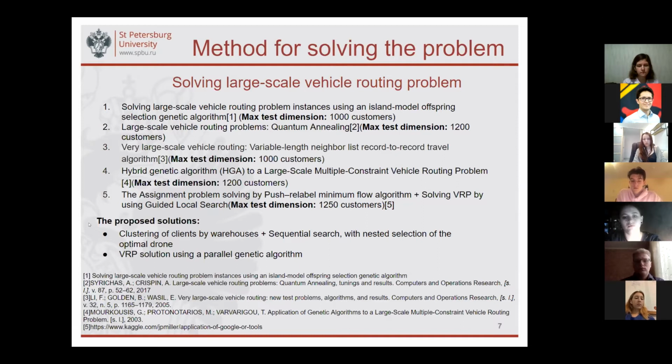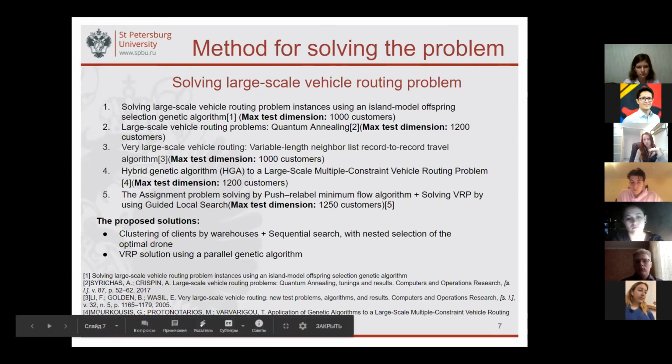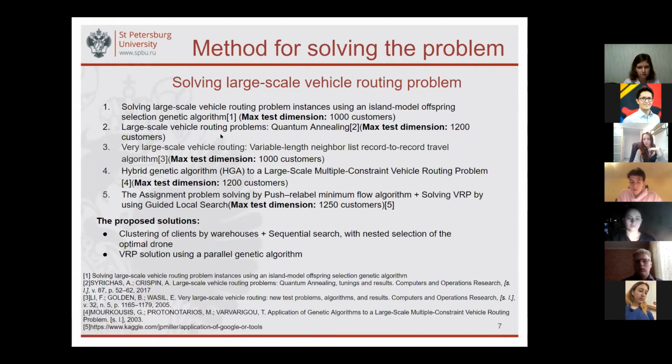We proposed two solutions. One of them is clustering of clients by warehouses, and after that a sequential search with nested selection of the optimal drone. The second one is a VRP solution using a parallel genetic algorithm. At the bottom, there is a link to the solving.